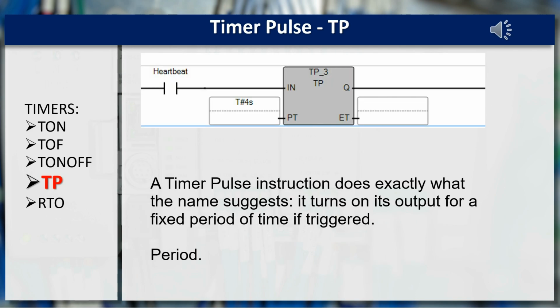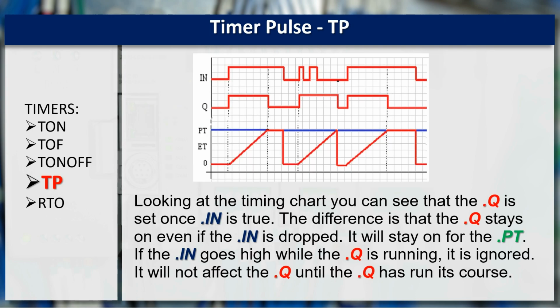A timer pulse instruction does exactly what the name suggests. It turns on its output for a fixed period of time if triggered. Period. The big difference is in its timing chart. Looking at the timing chart, you can see that the Q is set once .in is true.